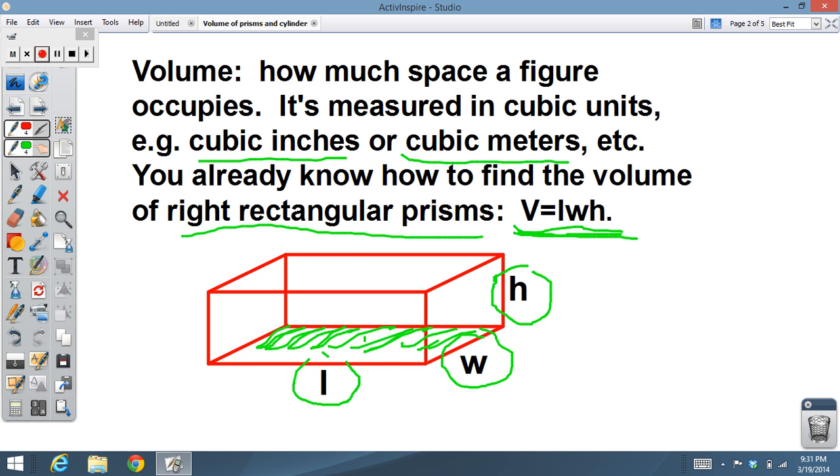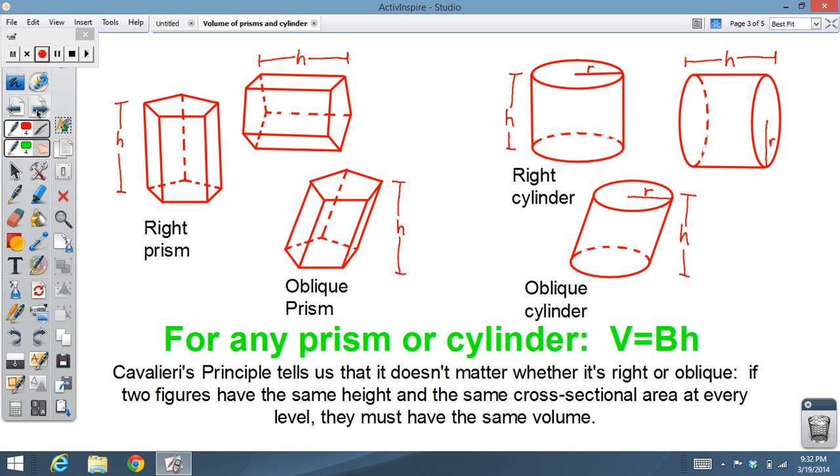For any prism or cylinder, you find the volume by multiplying the base times the height. It doesn't matter if it's right or oblique, or if it's a cylinder or a prism. You take the area of the base, multiply it by the height, and you've got the volume. No matter what.